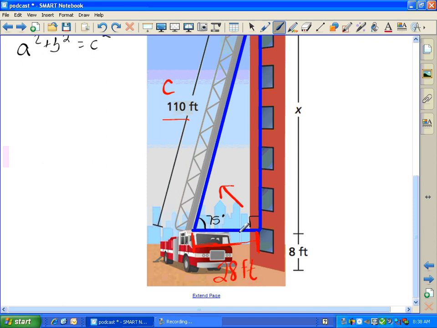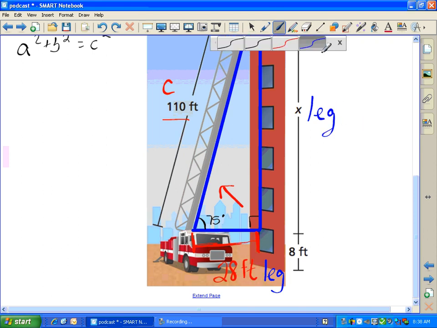I need to know that because now I know two sides of my right triangle. I can find the third side of my right triangle. So this is going to be a leg, and clearly this side is going to be a leg.